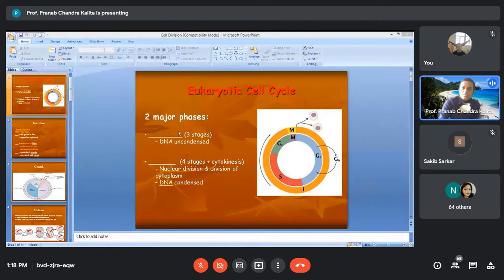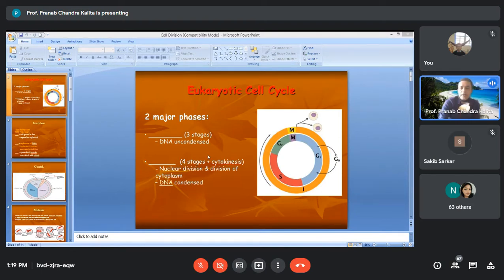The first phase is called the interphase: G1, S (synthetic) and G2. These are the three stages of the first phase. And the second phase is the mitosis.